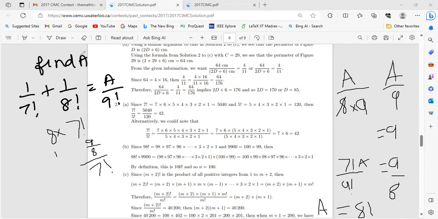So A equals 81. Yes, very good. I'll give you a little more complicated one. You just give it a try, I'll solve it if you can't.